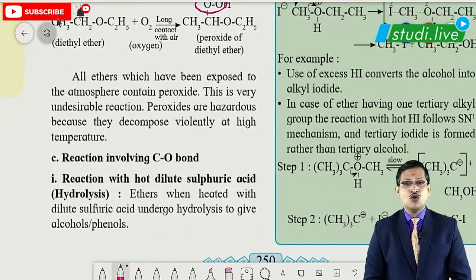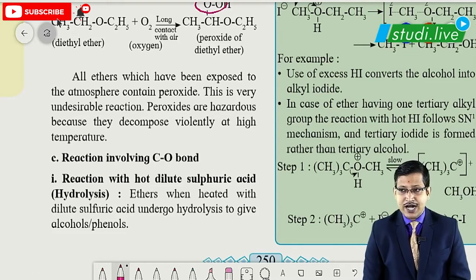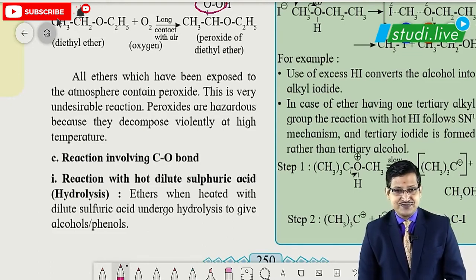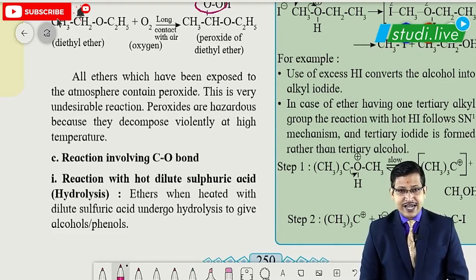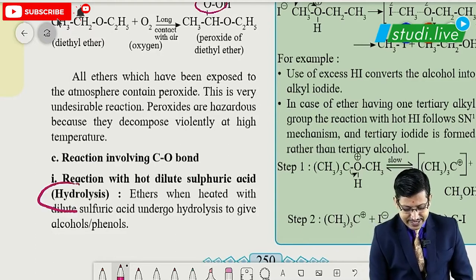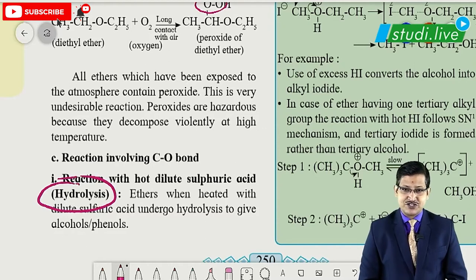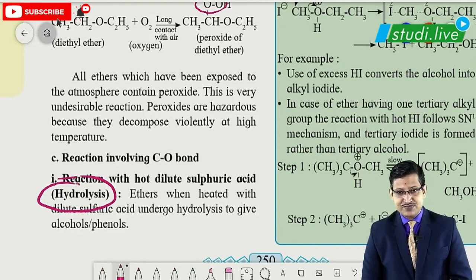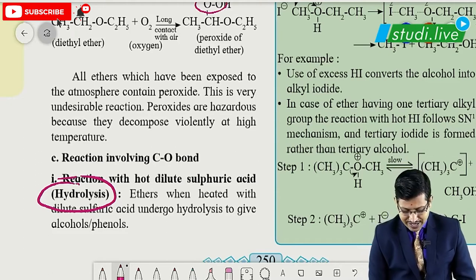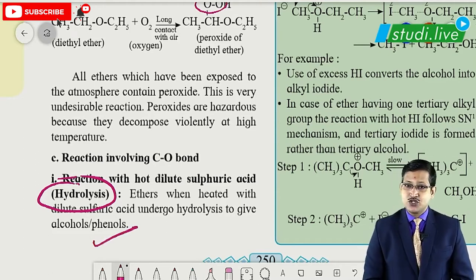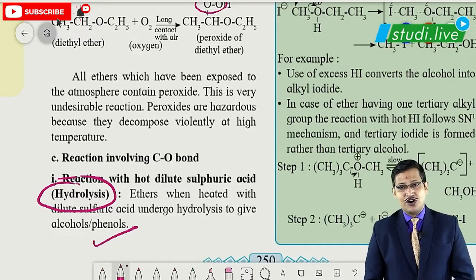involves the C-O bond. CO is the carbon oxygen bond. Reaction with hot dilute sulfuric acid. What is that reaction also termed as? It is also termed as hydrolysis reaction. Ethers when heated with dilute sulfuric acid will undergo hydrolysis, and what does it give? It gives you either alcohols or phenols.